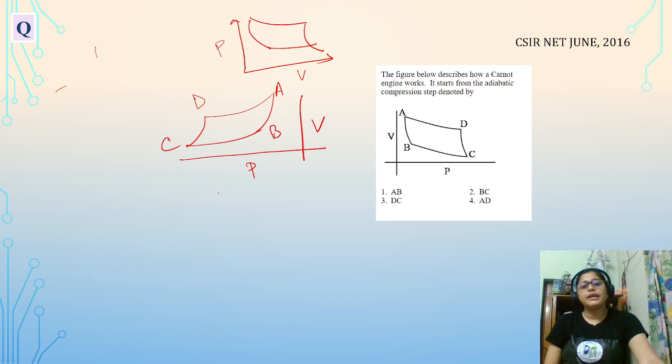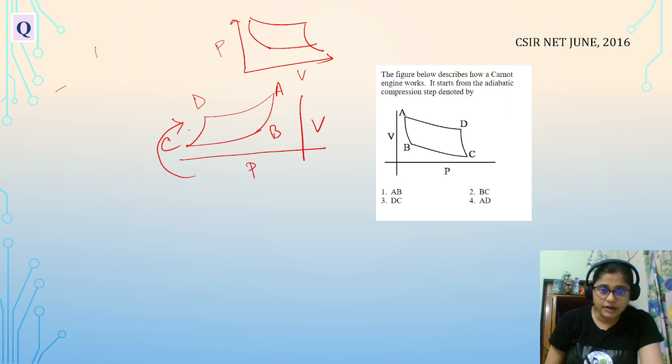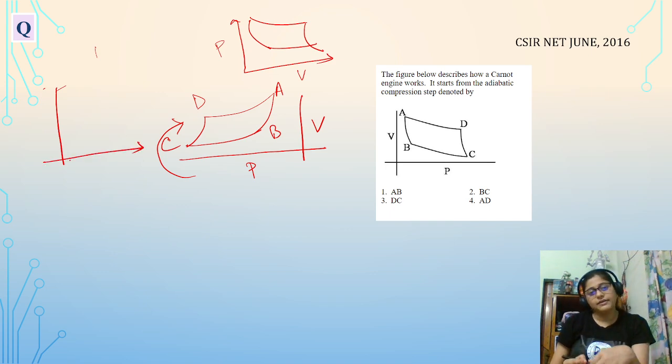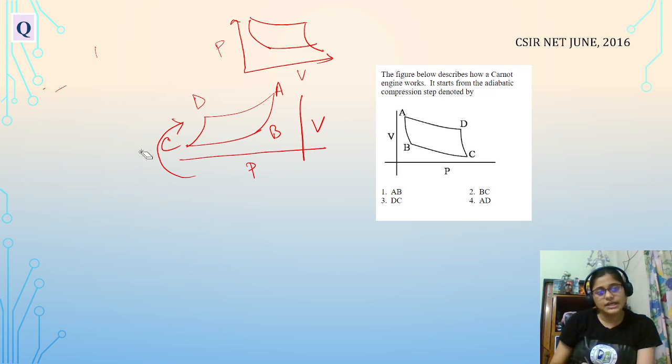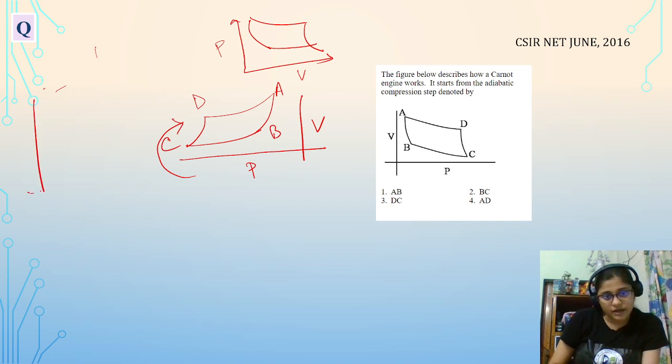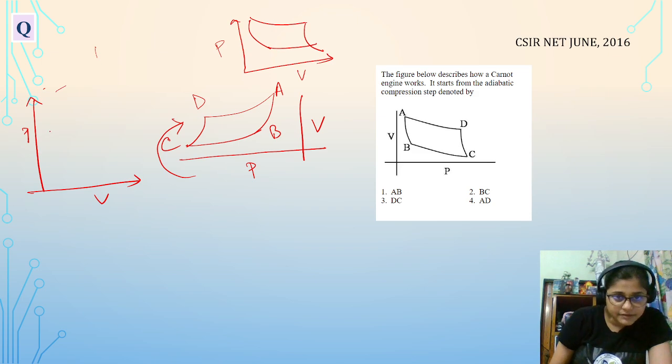Now we have to rotate it like this so that it goes upside and looks like this, and now we can see the P versus V graph.